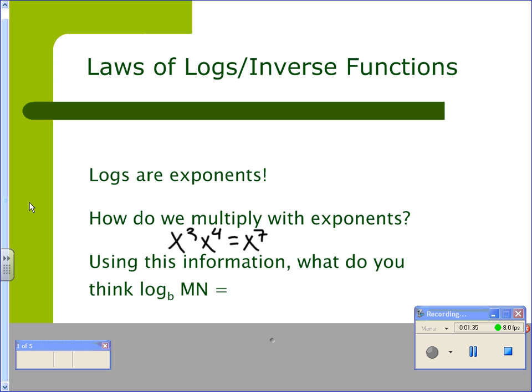Any ideas how we could make it into two logs? I want to separate them. Log base b of m. What would I do to separate them two?